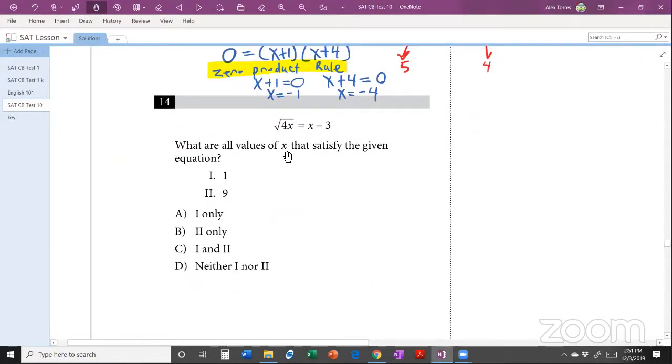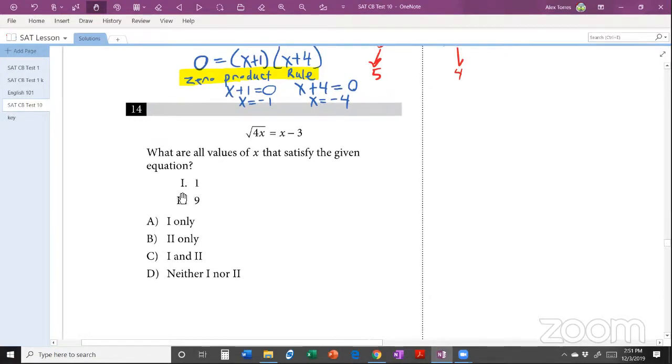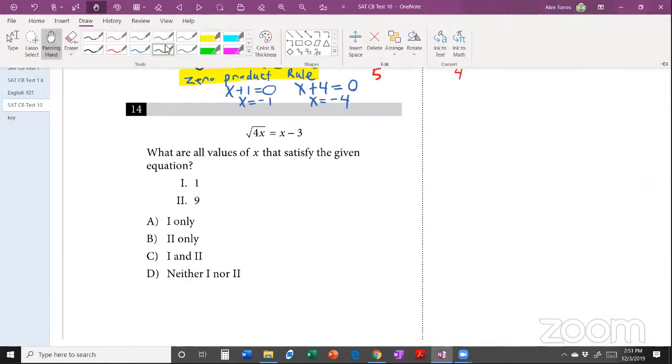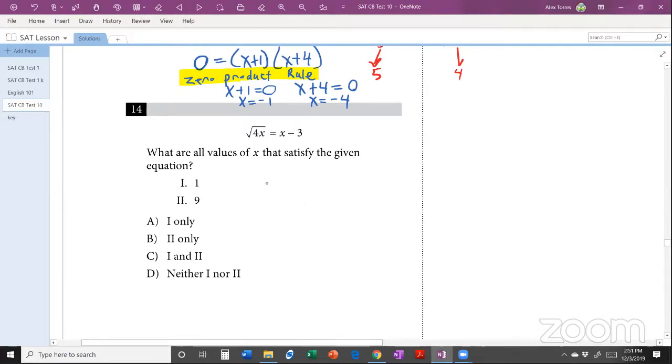What are all the values of x that satisfy the given equations? This one might be a little on the easier side because the only choices we have are 1, 9, or neither. So I would maybe recommend a couple of ways to do this. If we start with the more mathematically fundamental way, it would be to square both sides.